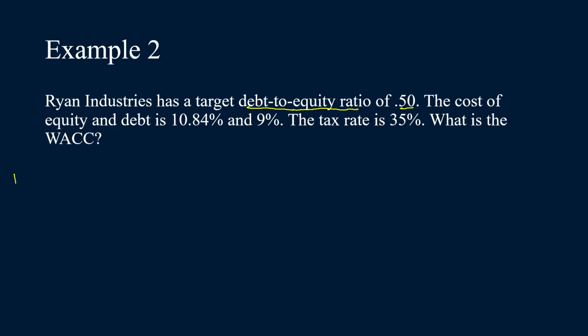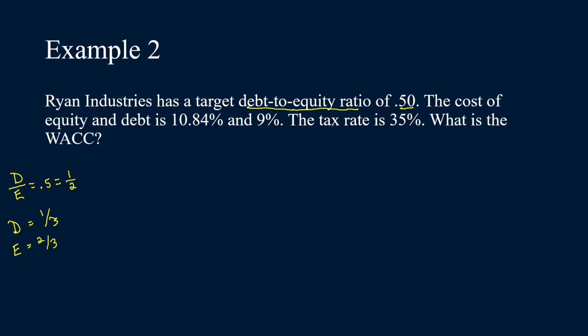So what does that mean? Well, that means our debt to equity ratio equals 0.5, which, as we know, is 1/2. So what that means is that our debt is going to be 1/3 of the company, while our equity is going to be 2/3.